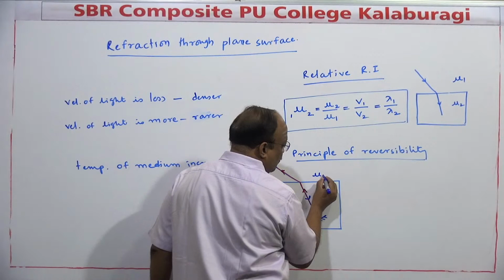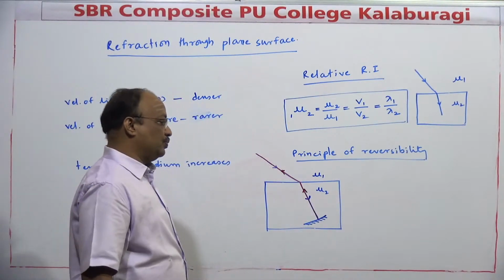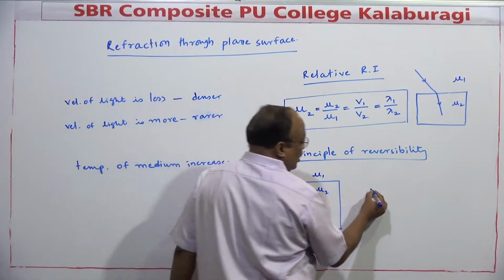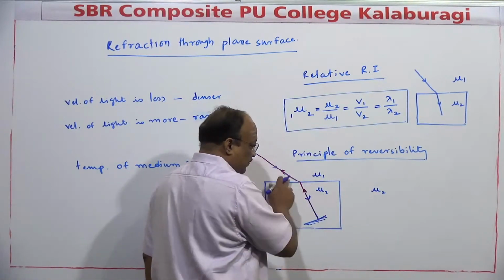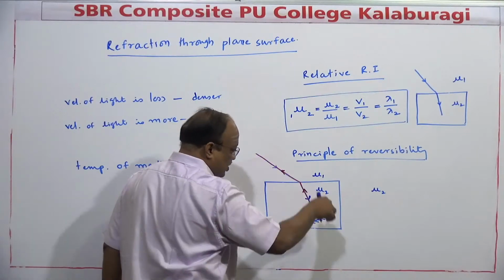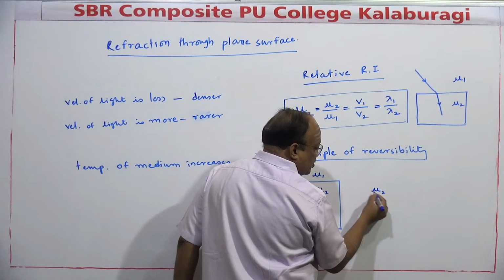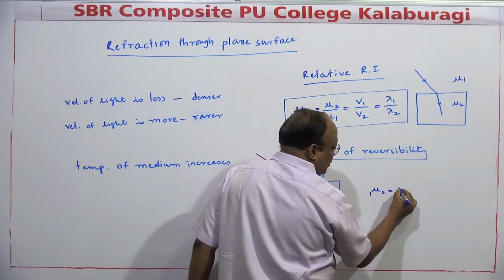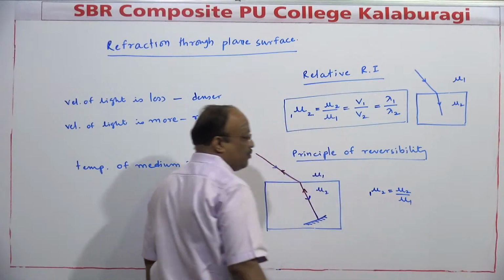If this is mu1 and mu2, for the first ray which is incident like this, the refractive index of the second medium with respect to the first medium is mu2 by mu1.